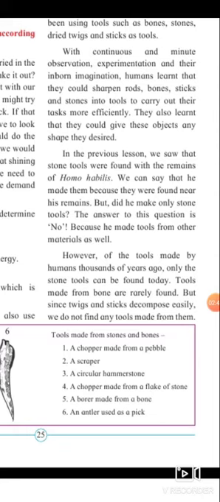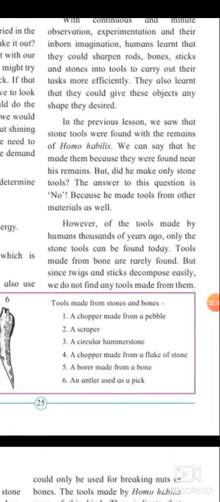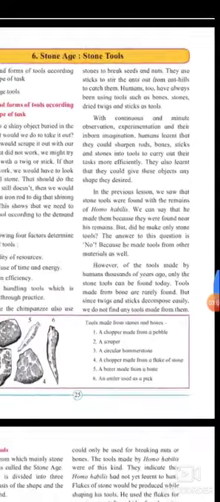However, of the tools made by humans thousands of years ago, only the stone tools can be found today. Tools made from bone are rarely found, and since twigs and sticks decompose easily, we do not find any tools made from them.